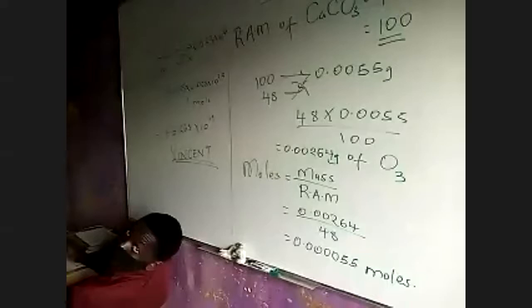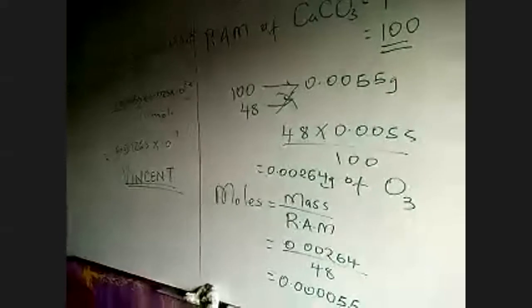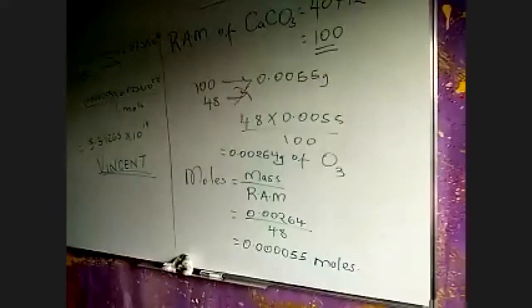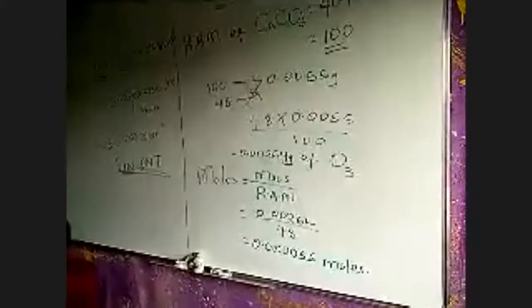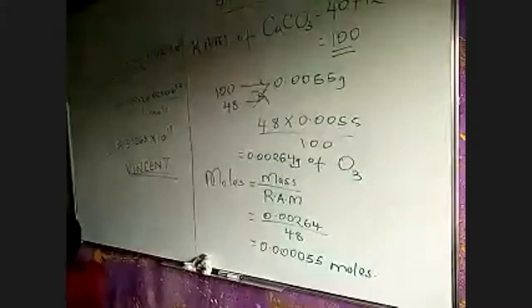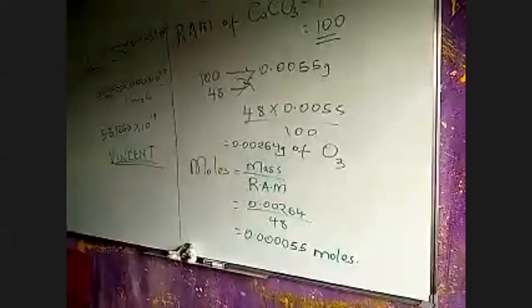Okay. If you look at the method, which is NXL, what you have got is the number of moles, which was 0.0055 divided by 100, which is correct. And then you've worked out 1 mole is 6 times 10 to the 23.